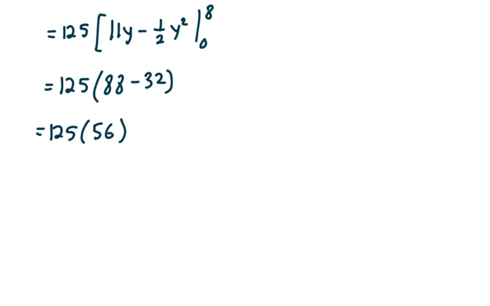And if we were to go multiply that, I'm going to take 125 times 56, and I'm going to get a total of 7,000 pounds. And that's how we do problem 3.